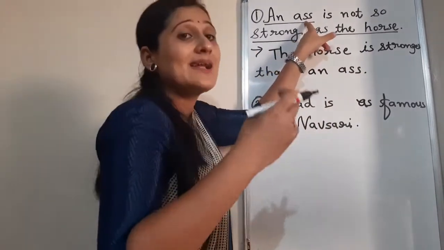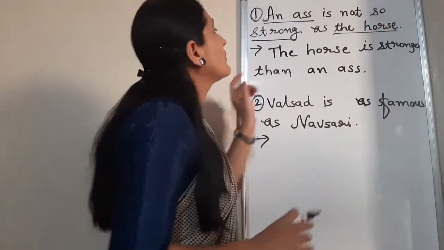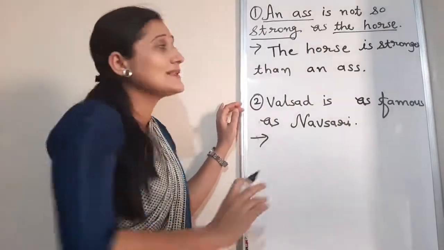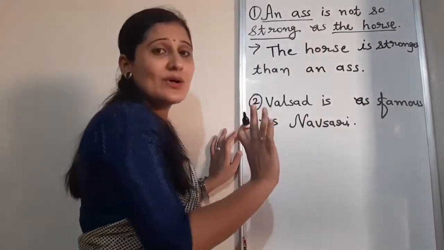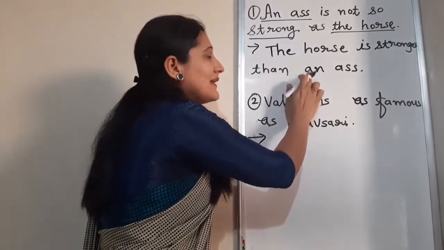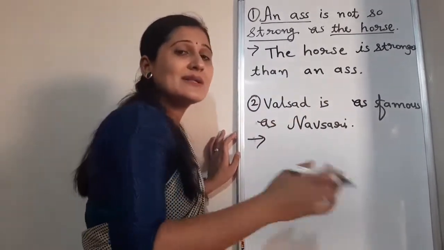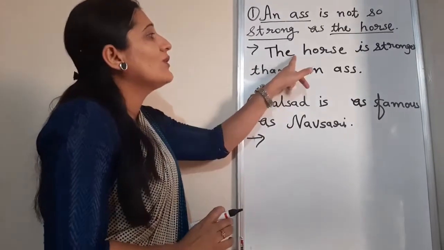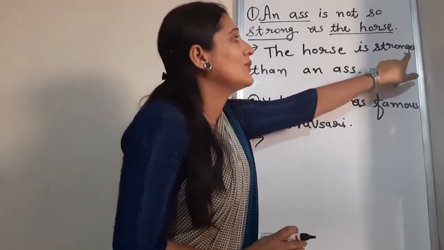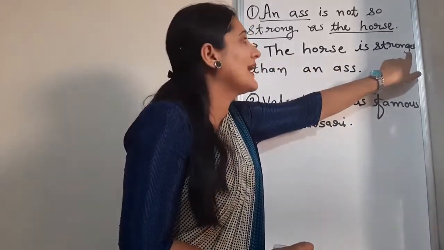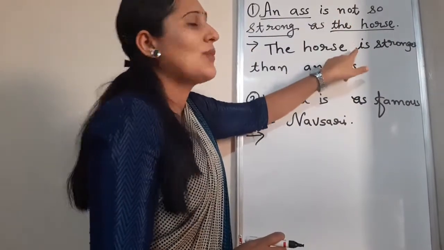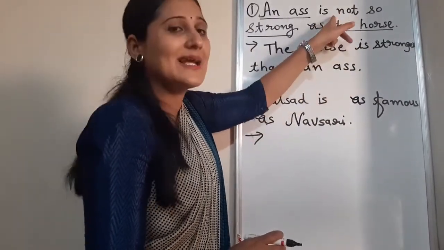Here see, an ass is not so strong as the horse. It means it is not stronger than the horse, and here the same meaning. The horse is stronger than an ass, right? So keep in mind we need to add er at the end of the adjective. If negative, positive. If positive, negative.